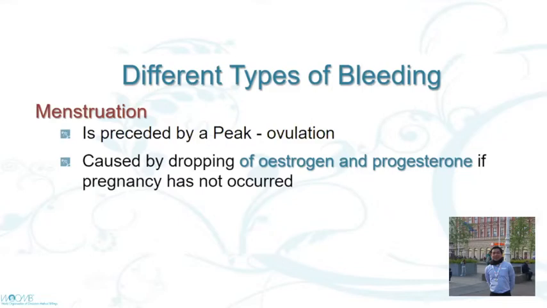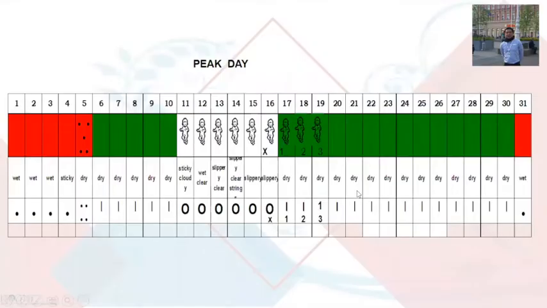And what is the other definition of menstruation? Menstruation is caused by the gradual drop of both estrogen and progesterone during the luteal phase. The moment these two hormones drop, menstruation will now commence. Clear? So this is the first type of bleeding, which is known to be menstruation.